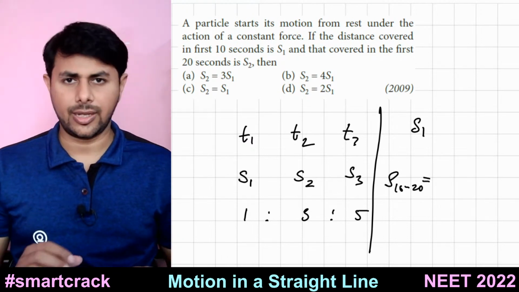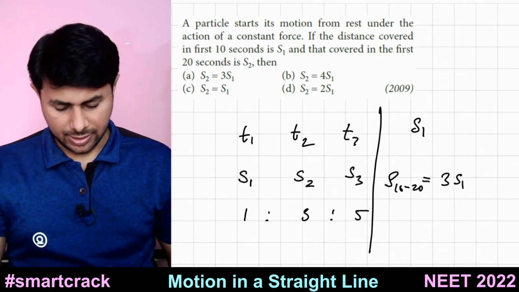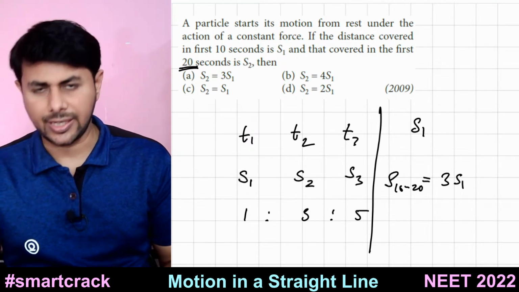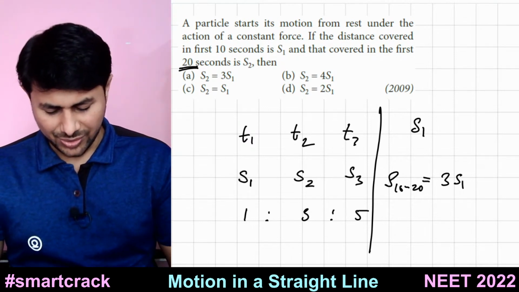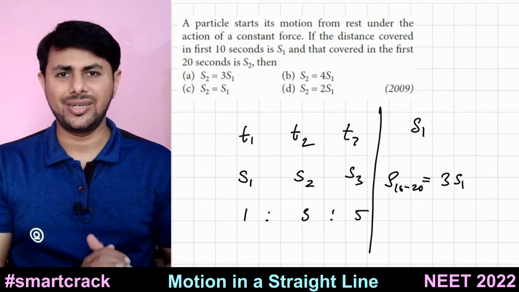I jumped ahead of myself, so this will be 3 times s1. And the question is the distance covered in 20 seconds, not 10 seconds. So it will be the distance covered in the first 10 seconds plus the distance covered in the next 10 seconds.